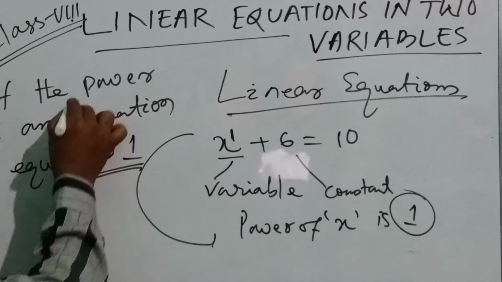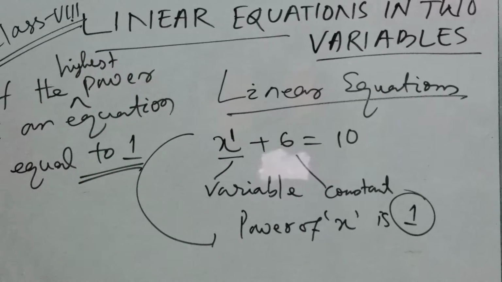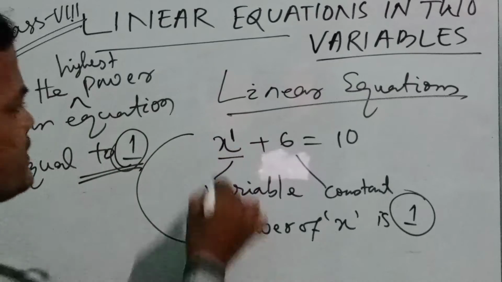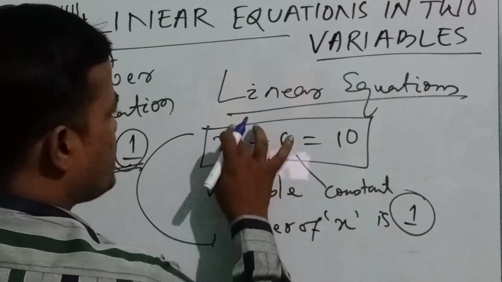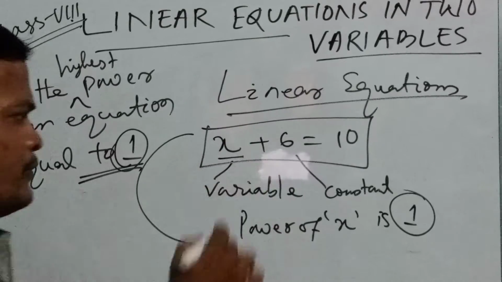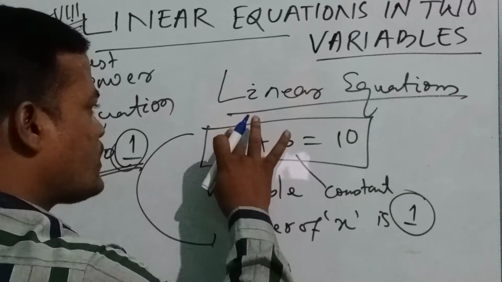If the highest power of an equation is 1, then that is called a linear equation. So in this case, this equation is called a linear equation because x has nothing in the power. You can write it in the form of x to the power 1, but 1 is in general not written.